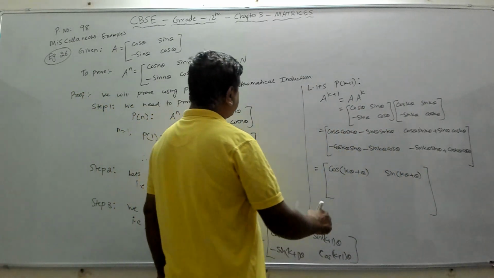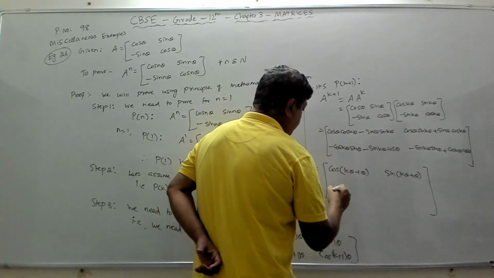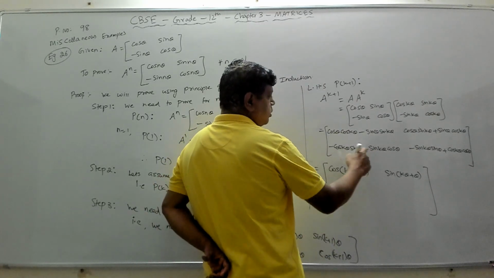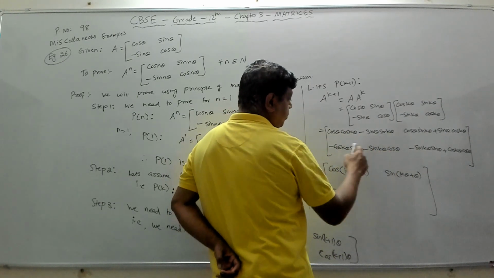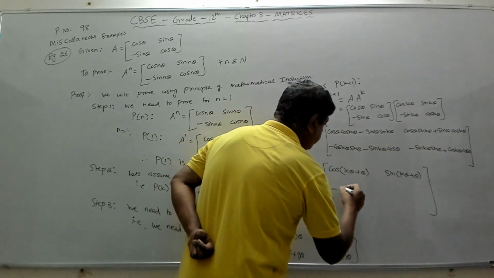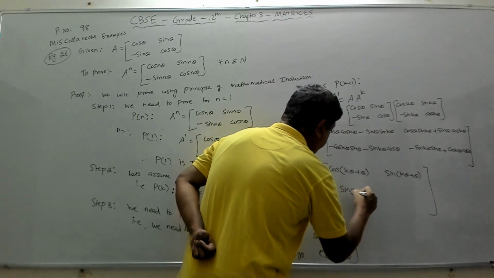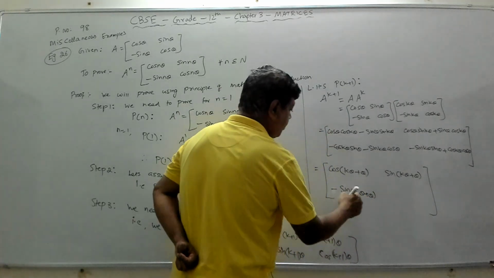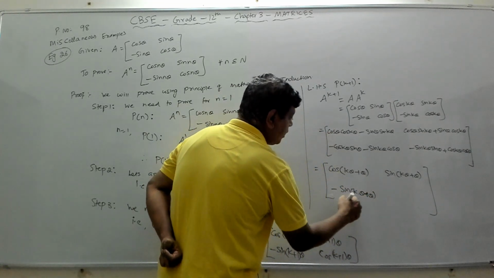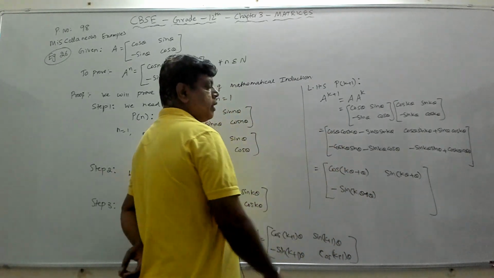Now again here, if I take minus common from these two, I will get sin A cos B plus cos A sin B. So this will become sin of A plus B. My A is k theta, B is theta. If you apply the sin of A plus B formula, you will get back this.